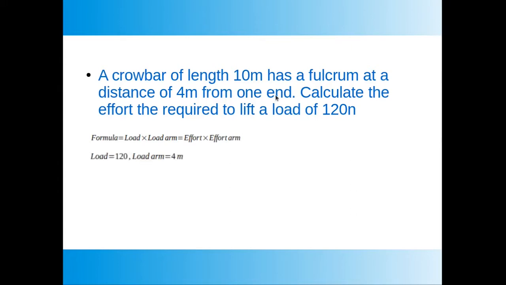The next step. Load is equal to 120 and load arm equals 4 meter, because they have already given the load and they are telling that the crowbar has a fulcrum at a distance of 4 meter from one end. We can tell that this 4 meter length is the load arm, not the effort arm.